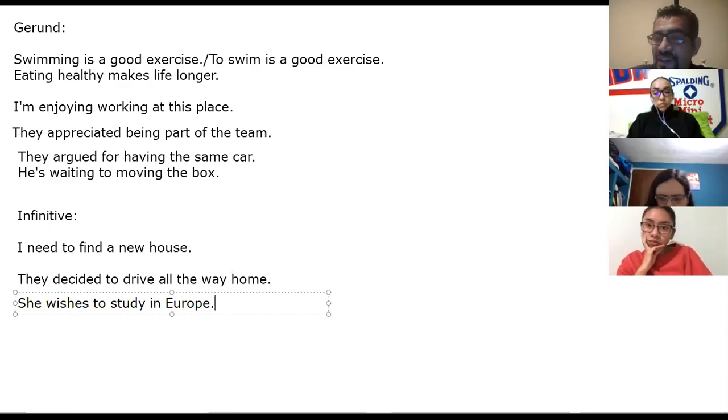She wishes to study in Europe, for example. Remember, every change that you make is in the first verb. If you talk about the present, then you use the verb in simple form. If you're talking about the past, then you use the first verb in the past and then the second in present. Okay. Always.